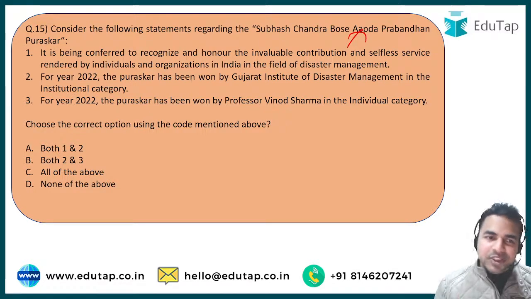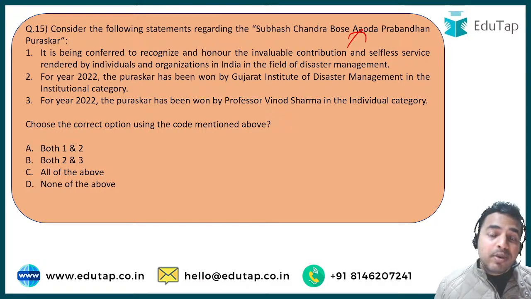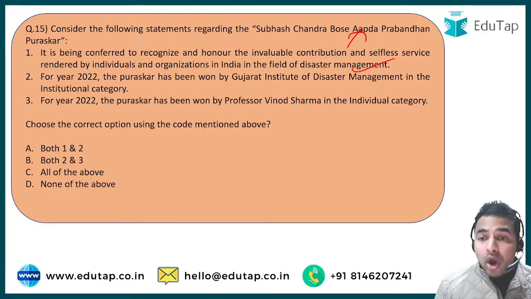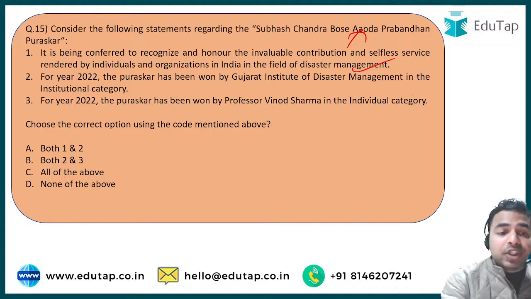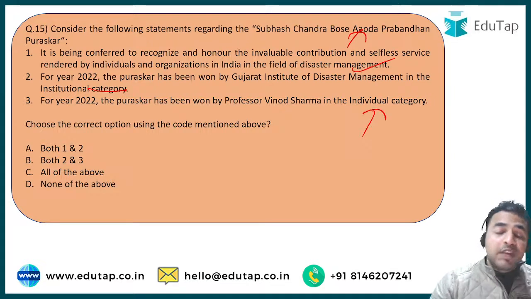The very first statement says that it is conferred to recognize and honor the invaluable contribution of individuals as well as organizations in the field of disaster management. Then the second statement is about the winner of this award in the institutional category, and the third statement is about the winner of this Puraskar in the individual category.